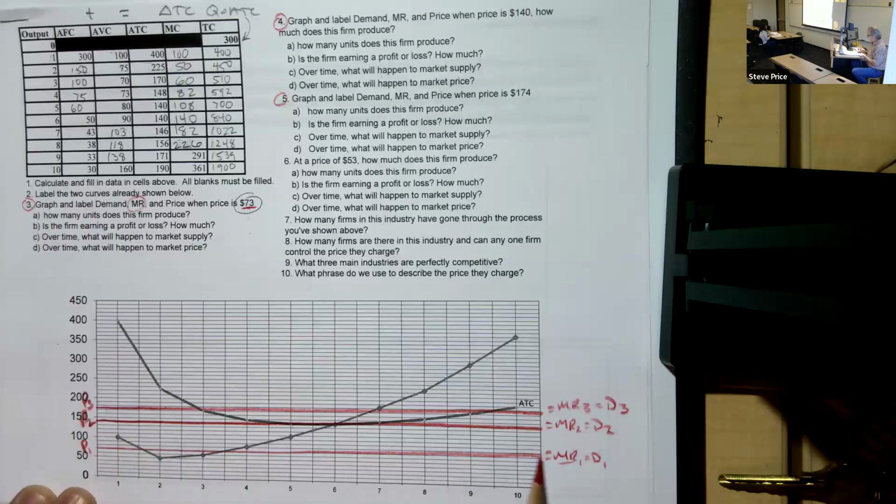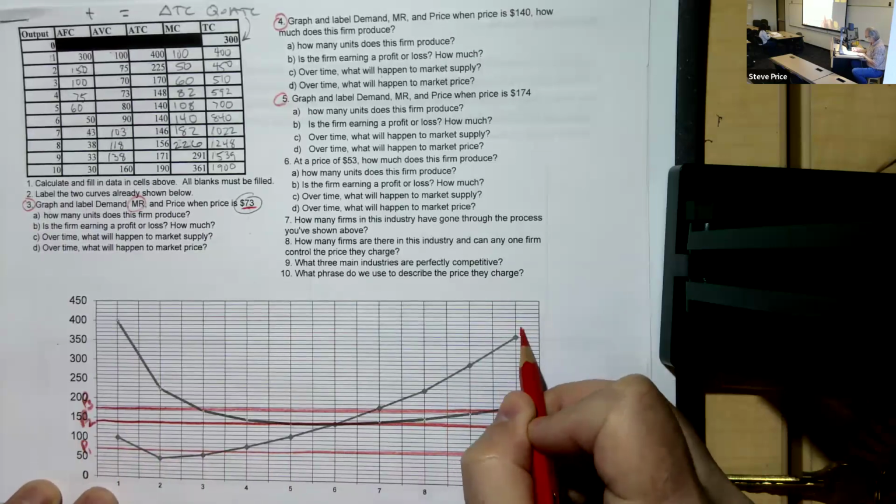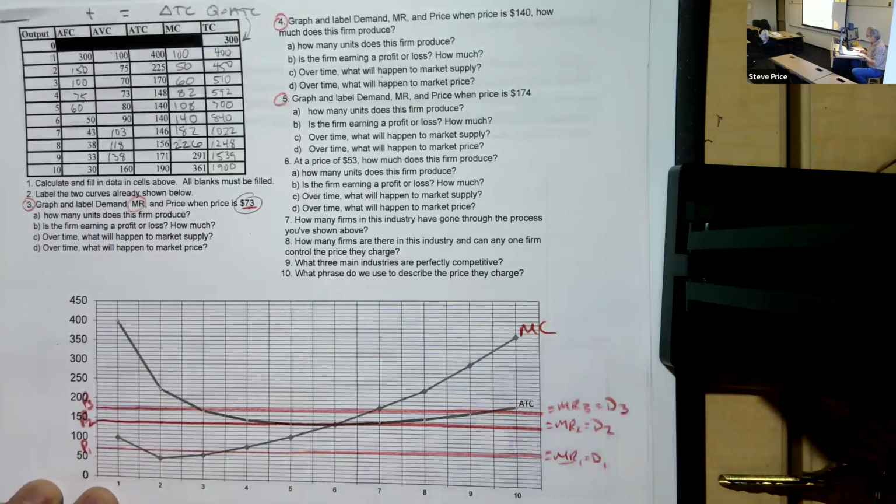So here's another indication. Remember, as I've said, whenever marginal revenue hits, and we need to label this marginal cost, wherever it hits, if it hits twice, it needs to be the largest amount. And then notice right here, it's hitting between 3 and 4. So you're always going to go to where at least marginal revenue is exceeding marginal cost.